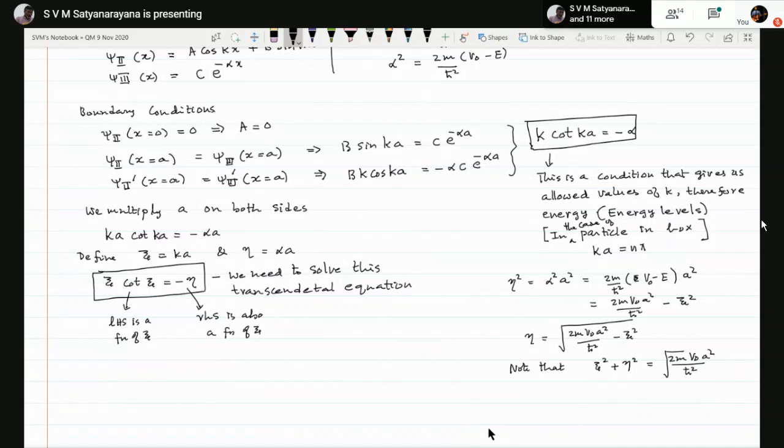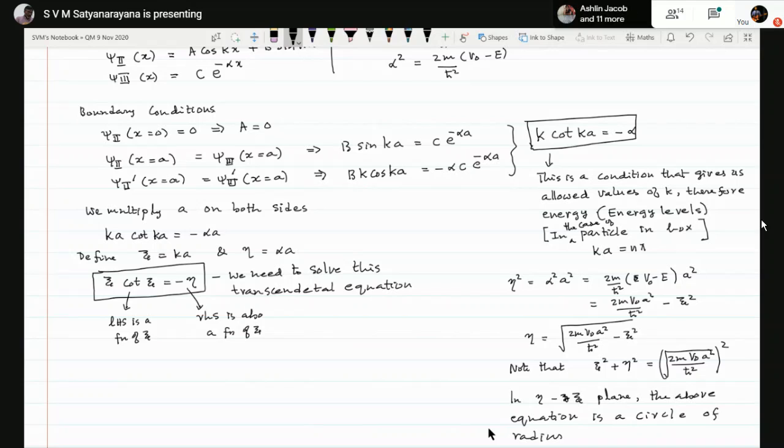So in the eta xi plane, the above equation is a circle of radius square root of twice m V naught A square divided by h bar square.